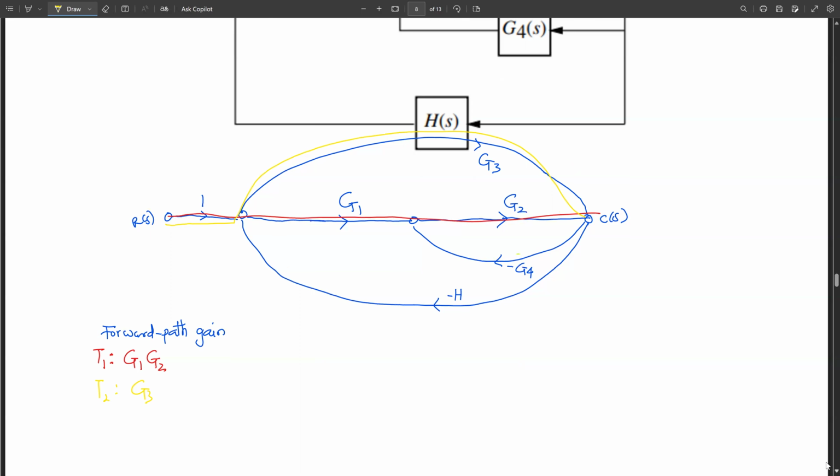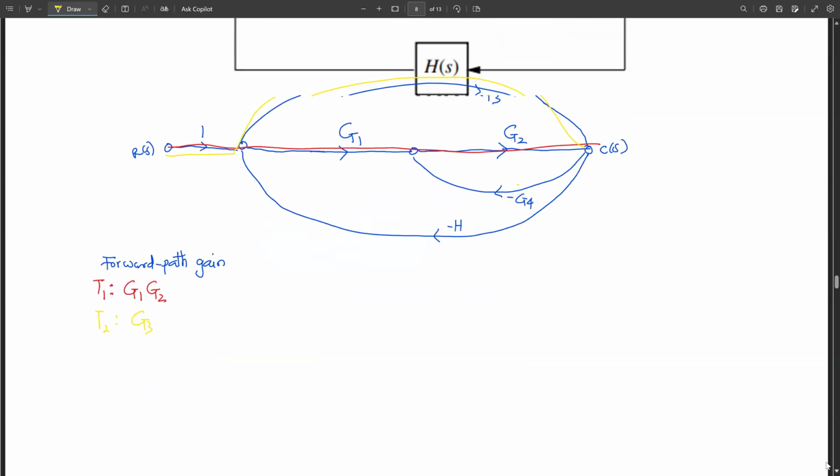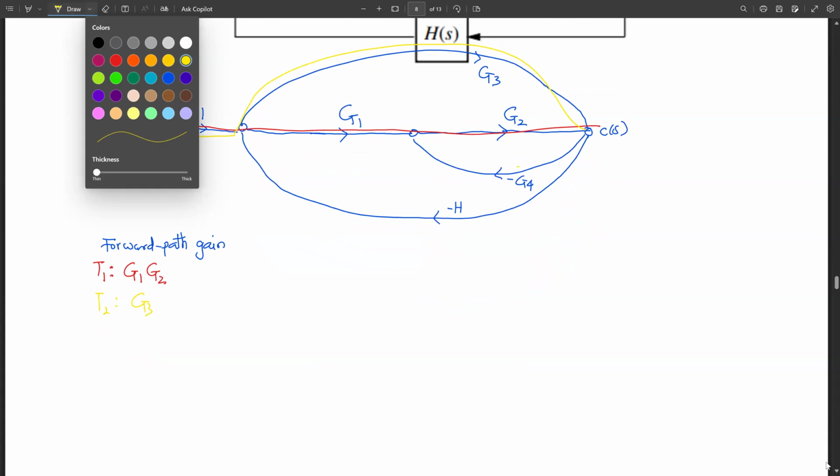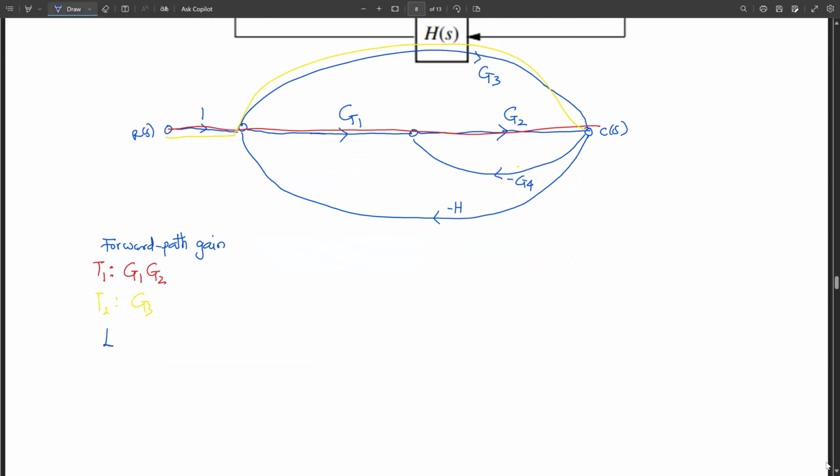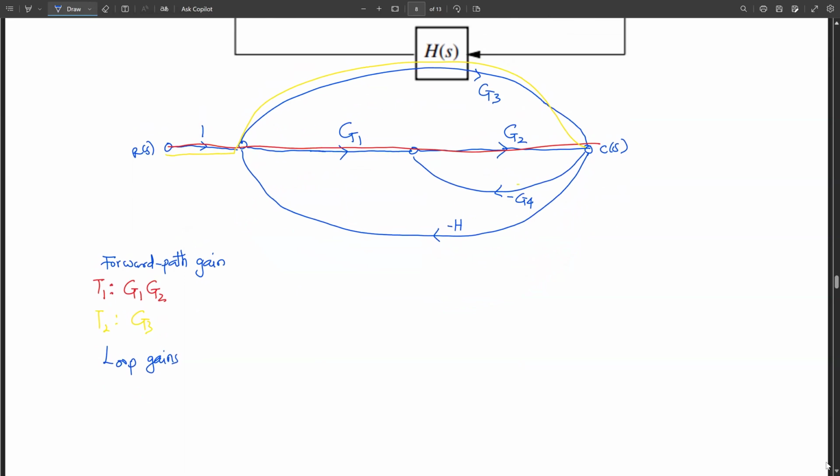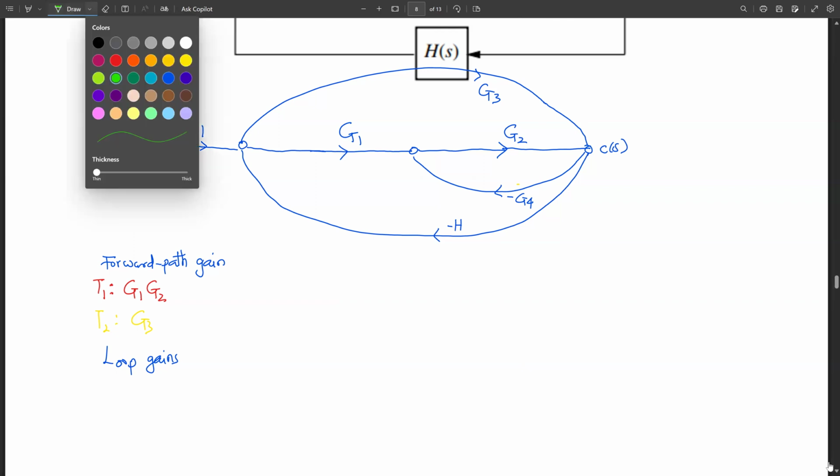The second thing to do is to identify our loops to find our loop gain. From first principles, you know that once you start from a particular node and traverse the signal flow, you should end up on the same node, and when you do that, you have a loop. So the first loop I can identify is just the main one here.